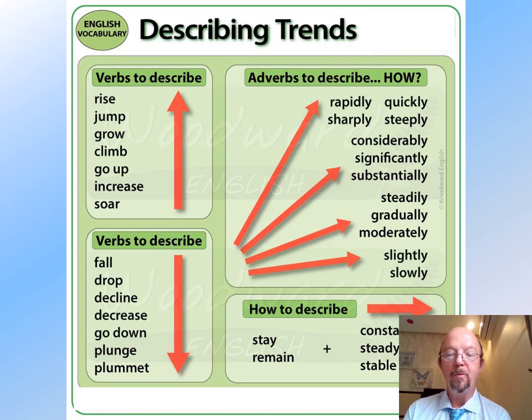If it went up slightly, you can use slightly or slowly, or even gradually if it's a little bit of a higher upward movement. And of course, the downward trends can be described by using these kinds of words. You can go through these details and then handle them accordingly and report on the particular information in a good fashion.